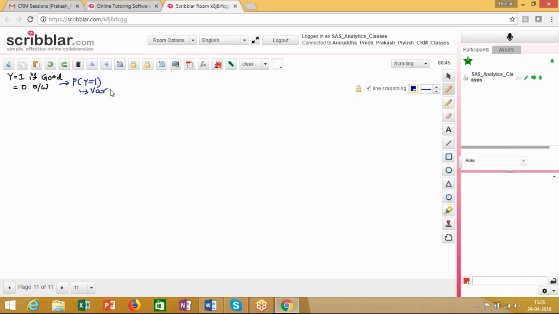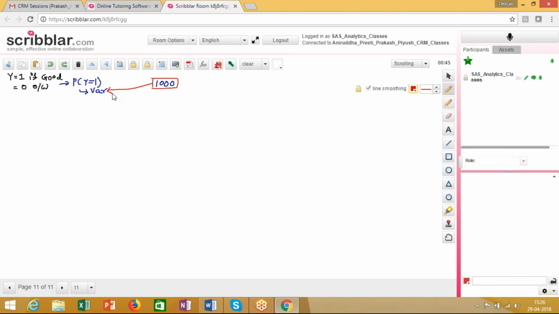Now suppose I start off with a set of 1,000 variables. But I cannot use all these 1,000 variables to develop my model. So from here, I need to choose the four or five most predictive variables.